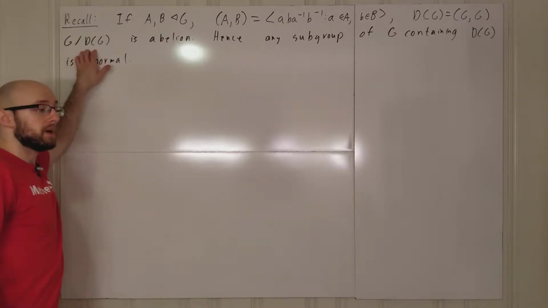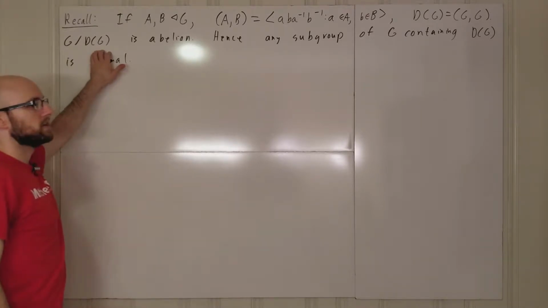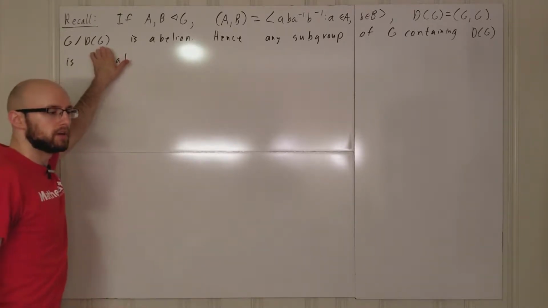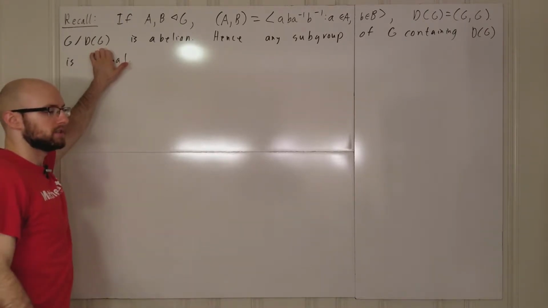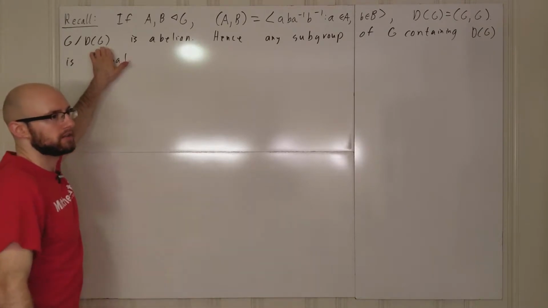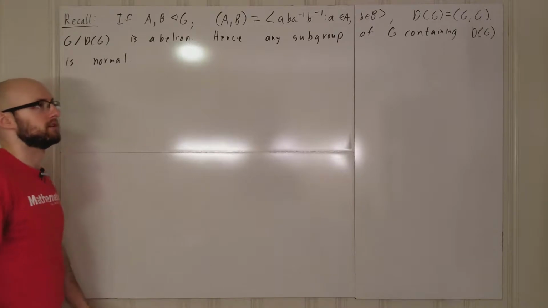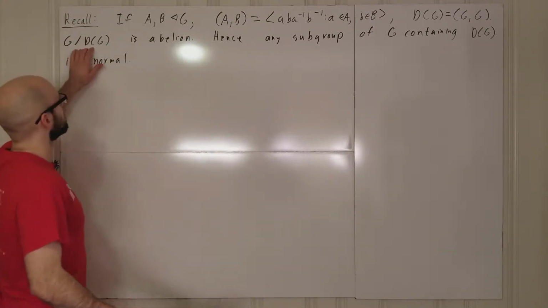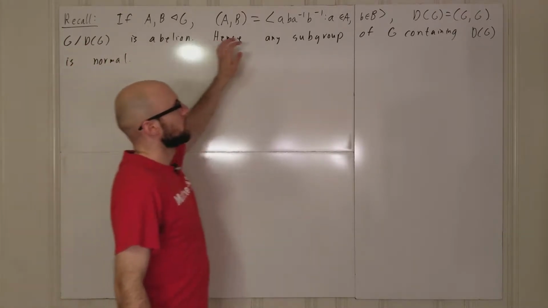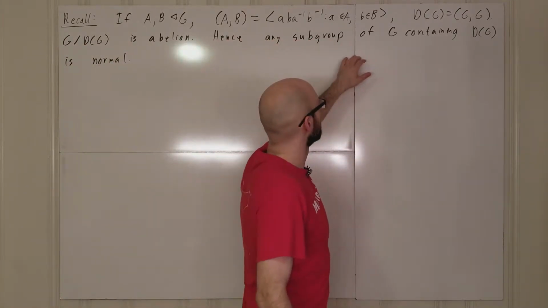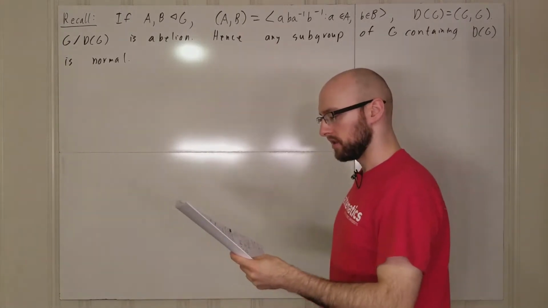But G mod its commutator is abelian, so any subgroup of an abelian group is normal, because you can move everything around and everything stays the same. Conjugation doesn't change any elements in an abelian group, so that's fine. So every subgroup of here is normal, and therefore, by the isomorphism theorem, every subgroup of G containing the commutator is normal. Okay, so that's that.